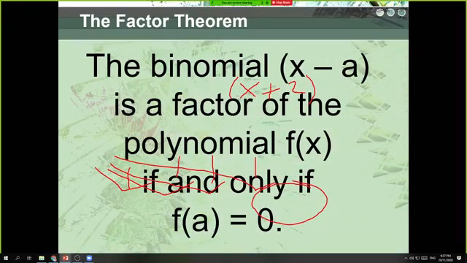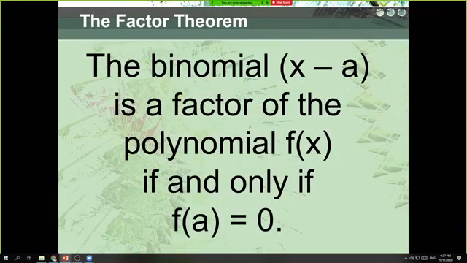So let's go to the binomial or the factor theorem. The binomial x minus a is a factor of the polynomial f of x if and only if f of a is 0.